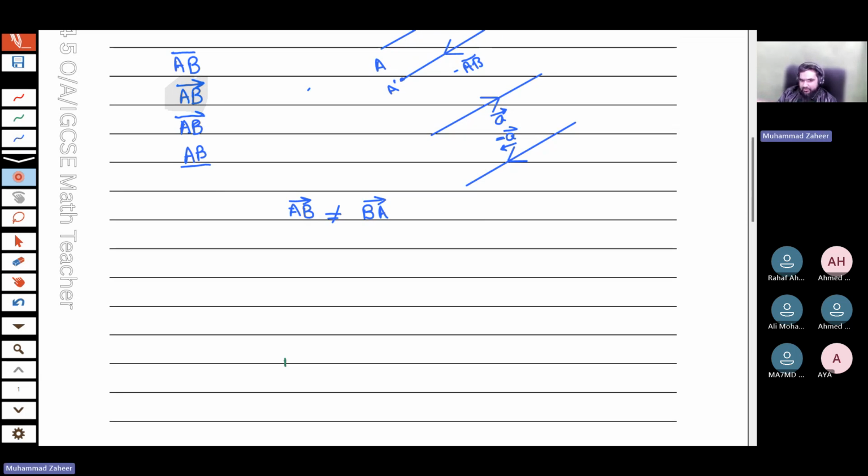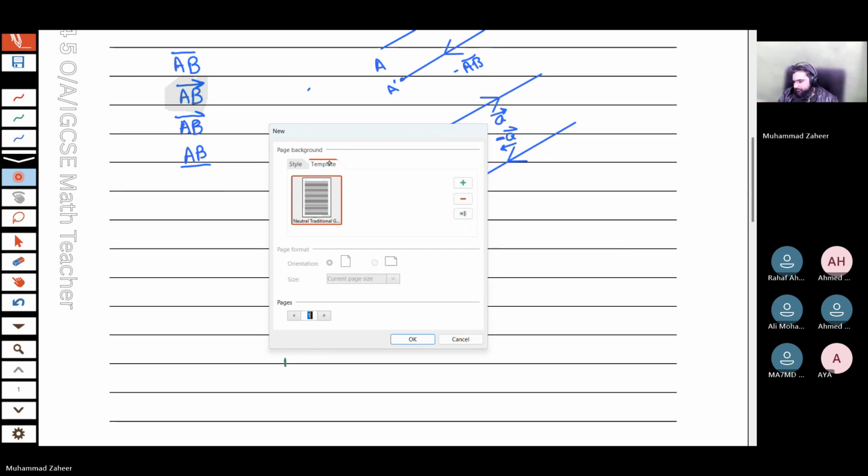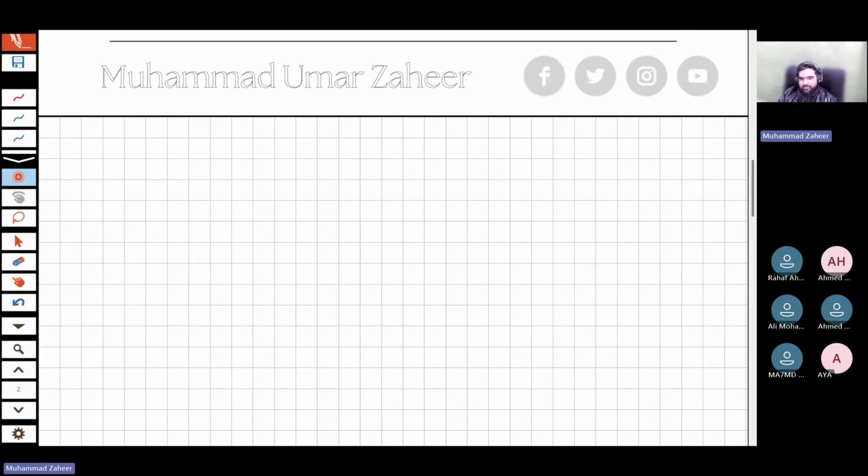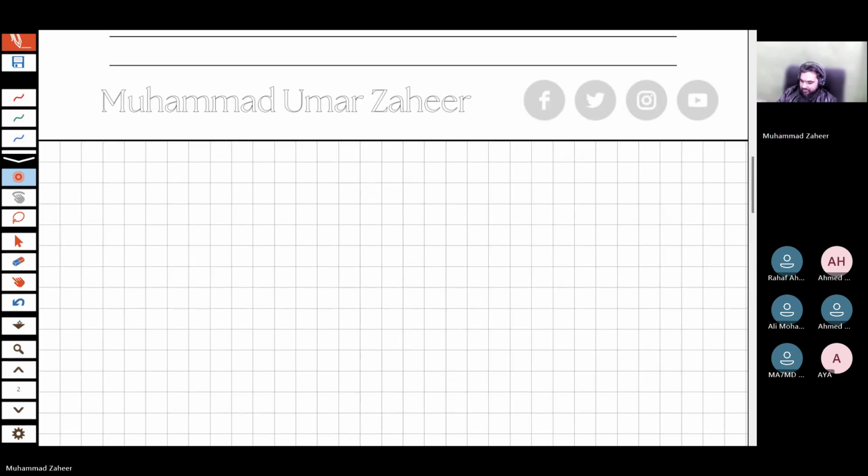For example, let's take a grid. Let's say we have a vector from here to here. It is going to start from A, let's say, and it ends at B.